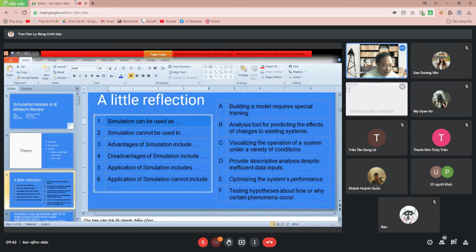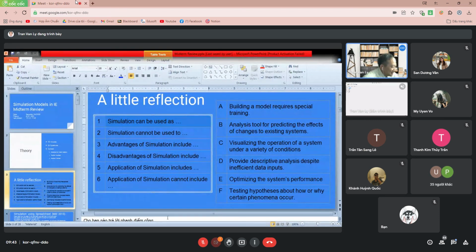Okay, Khánh. What is the reason you select B? Well, if we're talking about the grammar, it is the only answer that fits the grammar in that sentence. And it also fits the meaning of simulation. Oh, okay. Good. Thank you very much.